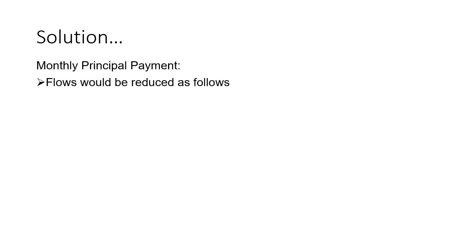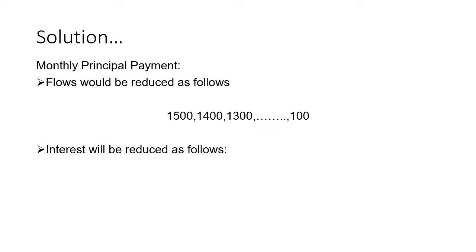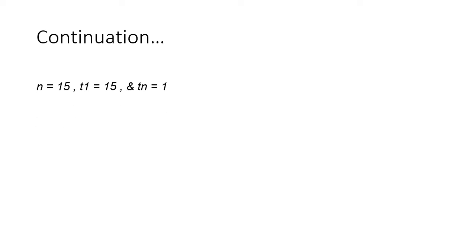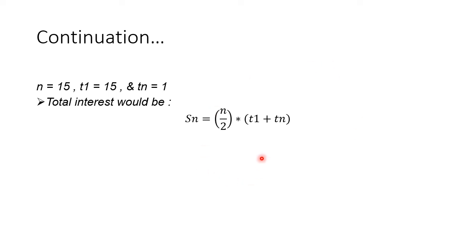Monthly principal payment flows would be reduced as follows. 1,500, so there is a difference of $100 in each flow. Therefore, the interest would be 15, 14, 13, up to 1. N is equal to 15, T1 is equal to 15, and Tn is equal to 1. By using this formula, we can find the total sum of payments.